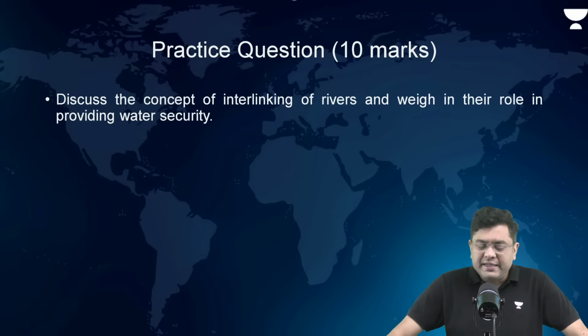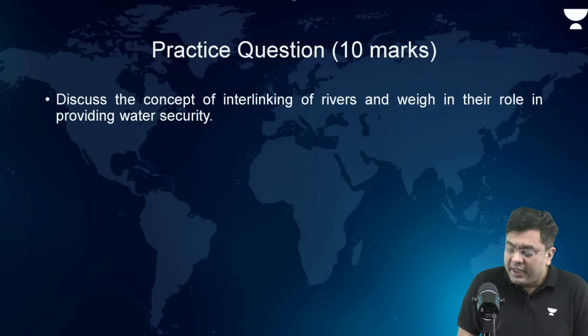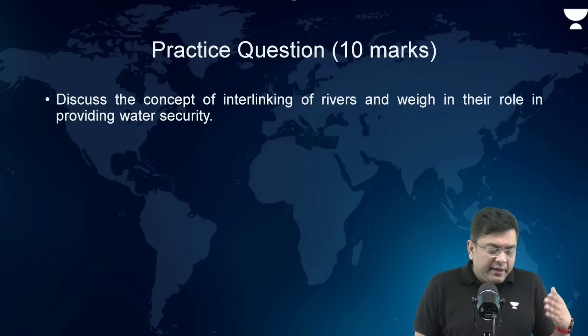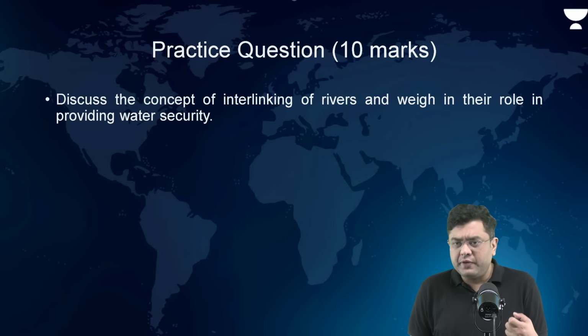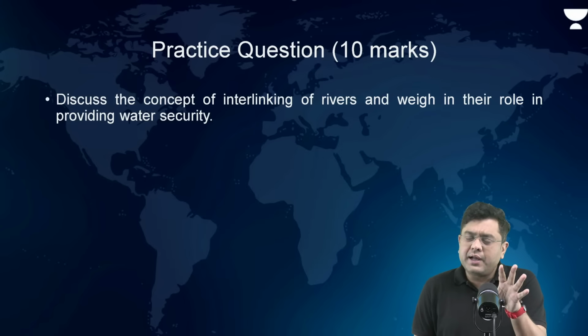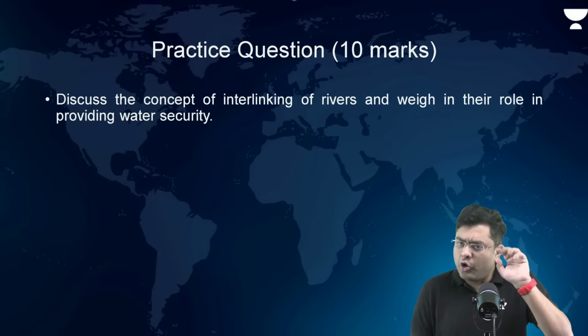Okay, let's take a look at the practice question. Discuss the concept of interlinking of rivers and weigh in their role in providing water security. As a candidate for civil services, never hold very strong opinion about anything. You should have the clarity in mind to talk about both the aspects of the argument always.